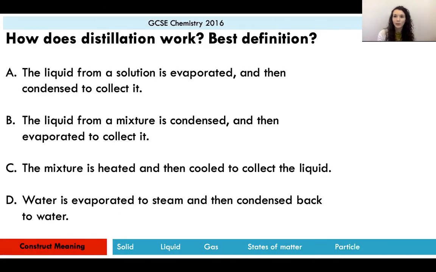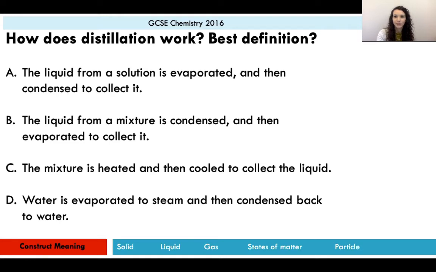Fab. So what I would like you to do now is look at these 4 definitions for simple distillation. So these 4 explanations of how simple distillation works. And I'd like you to try and pick the best definition, please. And then write it out on your paper or on your notepad.